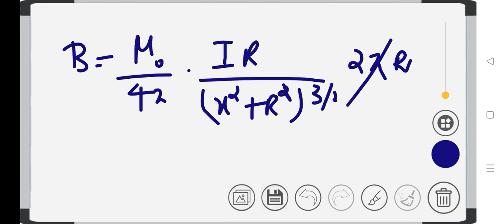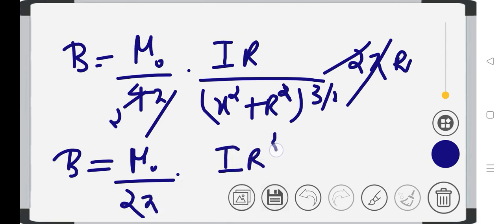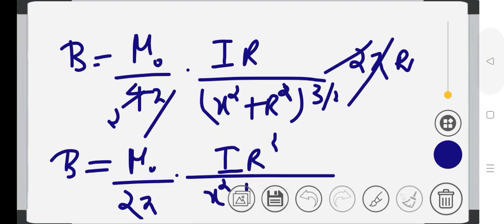We can cut pi and pi, 2 and 2, so B equal to mu 0 by 2 into I r square by (x square plus r square) whole raised to 3 by 2.